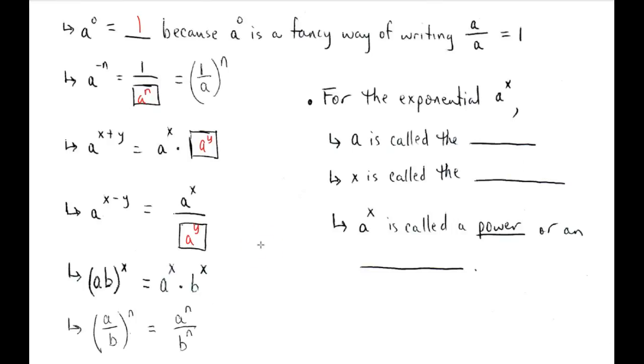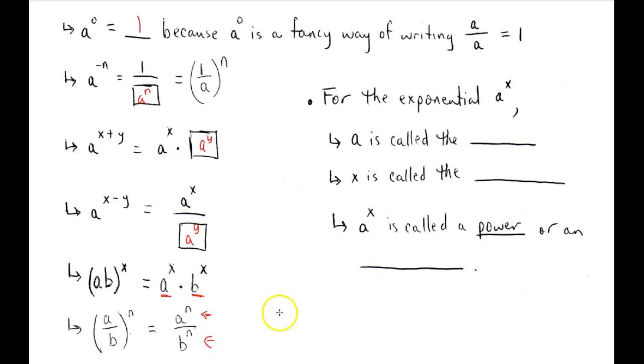So here we have some others. If we have the product of 2 things all raised to the same power, we could raise each of them to that same power and then multiply the answers. Same thing for the quotient of 2 expressions. If we have that raised to the power, then we can raise the numerator and denominator separately and then divide those answers.